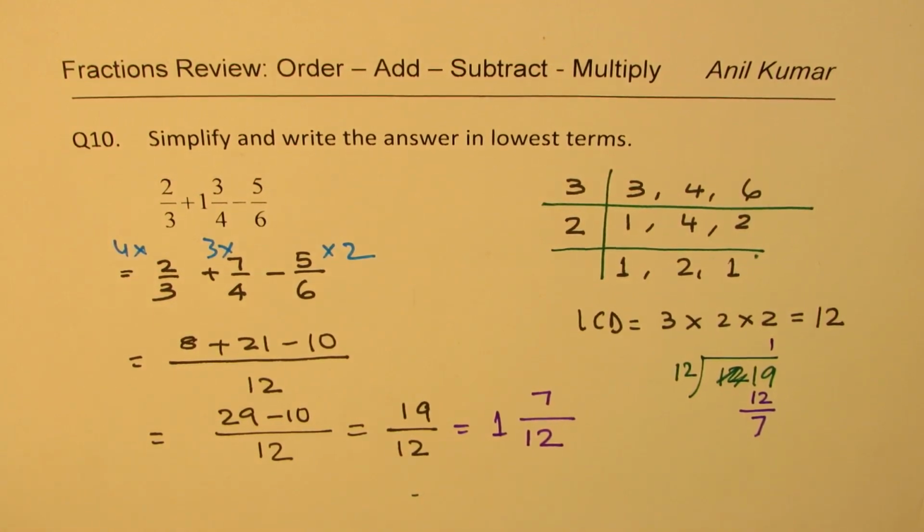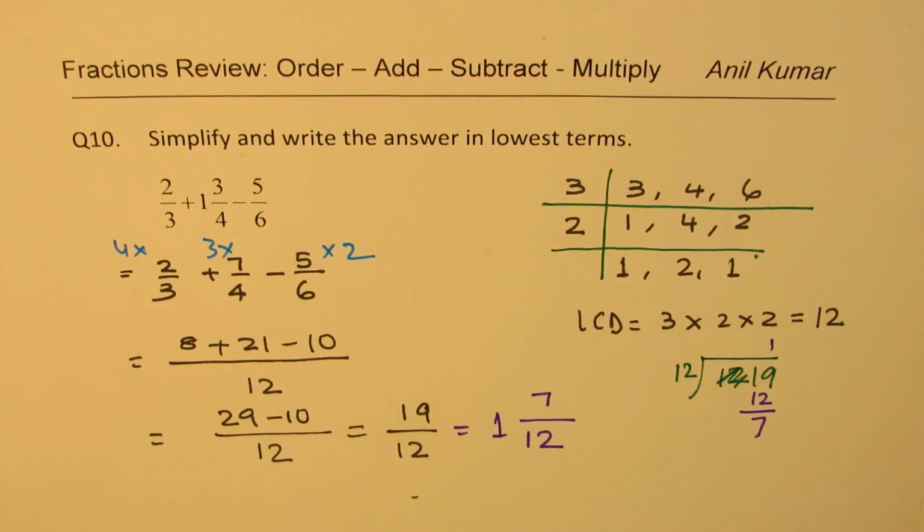Do you see that? So in the last question, we actually understood how to find the lowest common denominator, how to convert improper fractions, how to convert mixed numbers to improper fractions, and also writing the answer in the proper way with mixed numbers. I hope this exercise helps you to understand all the concepts about fractions which you wanted to know.